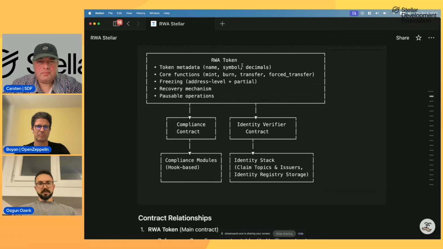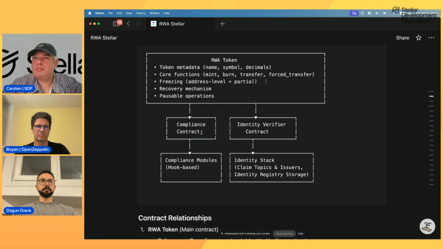So this base token contract is going to be interacting with two modules or stacks. One of them is identity, the other one is compliance. The identity stack will be responsible for verifying your identity, basically, but it's also very involved, and I will get into details later. And the other one is compliance.